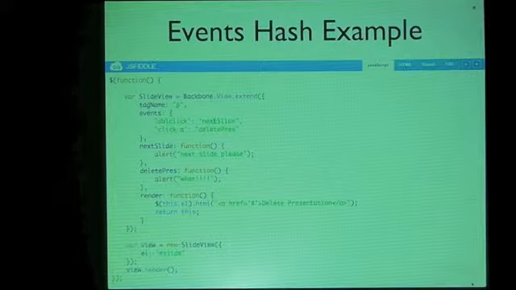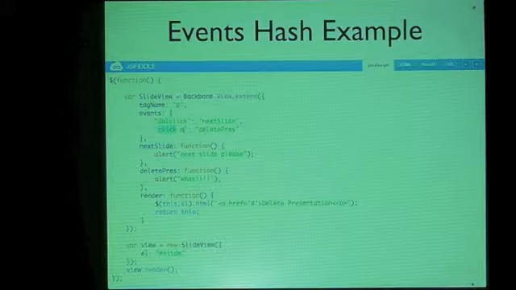When anybody double clicks on the root node of your view, next slide is going to execute. When anybody clicks on this selector, which is when anybody clicks on an anchor tag in your view, delete pres is going to be executed.